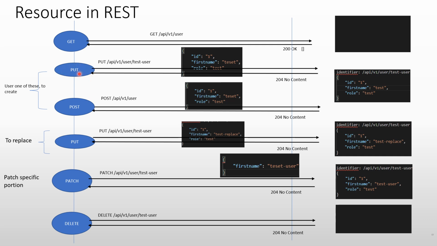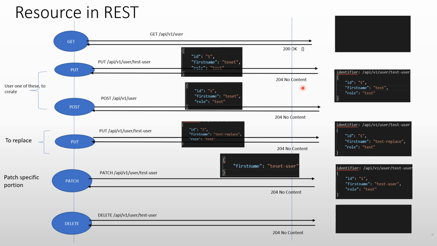With put, when you're putting with the resource identifier, you're sending the ID and then first name and role. Let's say ID is the exact identifier to identify the resource, and then we put that resource on the server side and send 204 No Content.